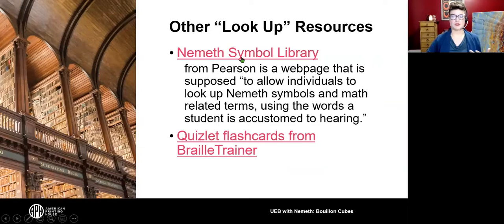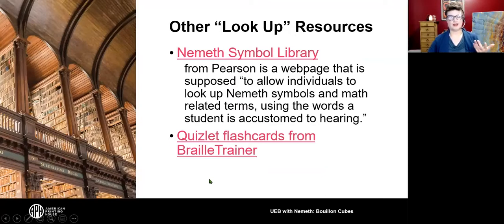So you can go to that webpage and Control F and search for what your textbook or workbook is calling a symbol, and probably find the listing in the library, which gives the Nemeth Code symbol as well as some UEB with Nemeth examples.